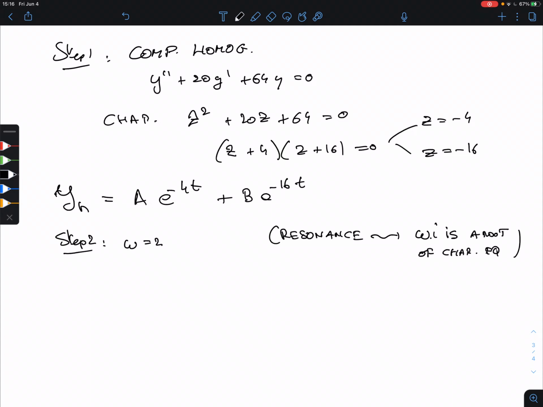It's good to know, but remember in 6.1, in an undamped case, your characteristic equation always is going to give two solutions of this form, and then it's very critical to check whether the roots of your characteristic equation are not the same as this guy, okay? Because that means that you have to propose a different solution. It's not the case here, so our particular solution can just be a cosine 2t plus b sine 2t.